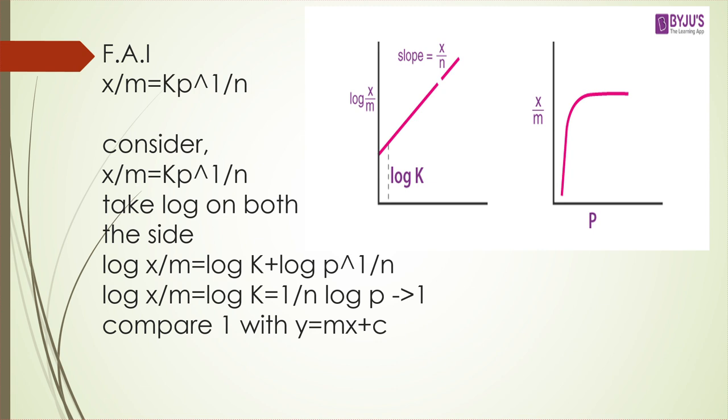Freundlich adsorption isotherm. The formula is x by m equals k p power 1 by n.